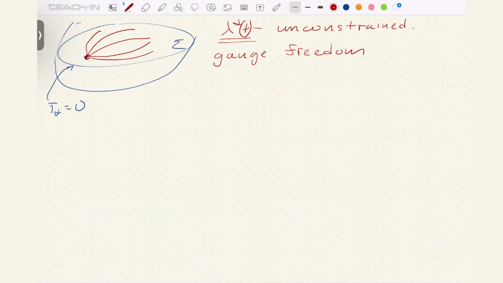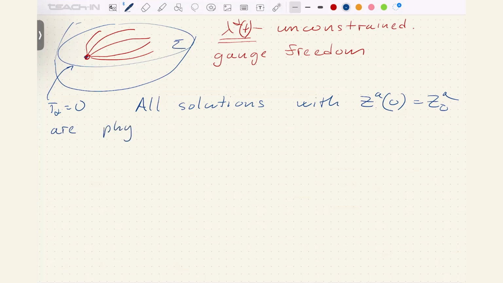So the idea here is that all solutions with zA of 0 equal to certain, which have the same initial data, but corresponding to different lambda alphas, are physically equivalent. Or in other words, they are related by gauge transformation.